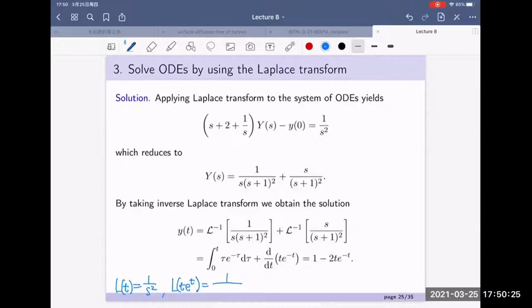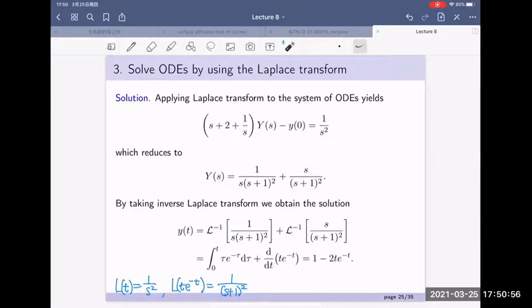Here we want this to be minus t. So s minus 1 would be s plus 1. Okay, if you multiply a function by an exponential function, then it's equivalent to making a change of variable, just shifting it by this number, by minus 1. So you replace s by s minus 1, so you get this.